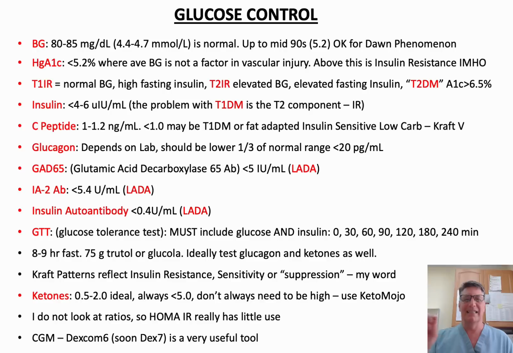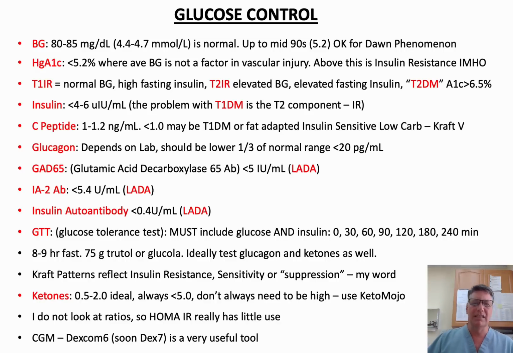But blood sugar is an instant in time. What's more valuable is the hemoglobin A1C. And the key thing to understand is that hemoglobin A1C is a measure of average blood sugar. It is the amount of sugar over time in the bloodstream that damages the cells, the endothelial cells, and causes vascular injury.